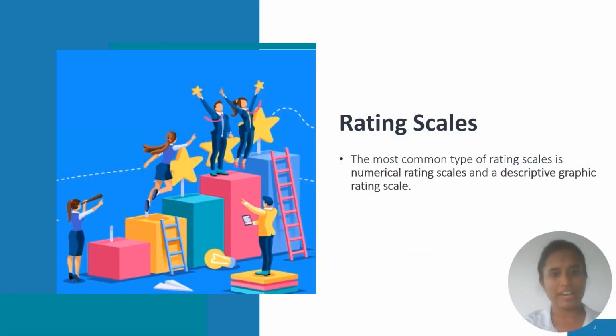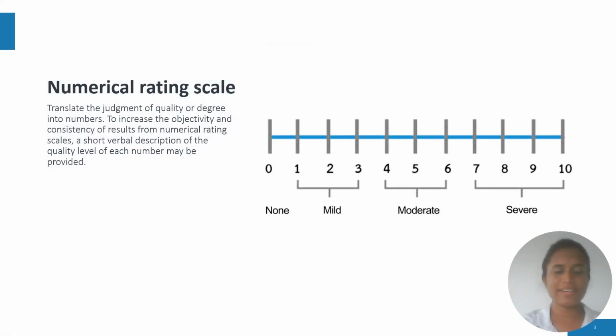When talking about rating scales, the most common types are numeric rating scales and descriptive graphic rating scales. The numerical rating scale turns the judgment of quality or degree into numbers to increase the objectivity and consistency of results.